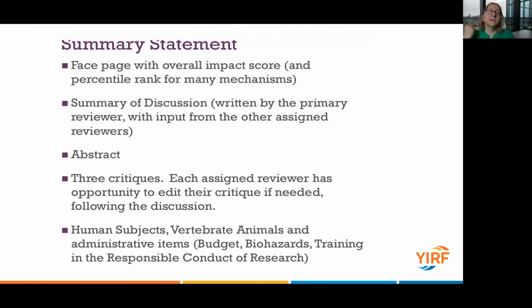And that will give you a sense of what really was discussed, not only written, but discussed. So I would read that very, very closely. It will also have your abstract that you wrote and the detailed three critiques with each of the criteria and the scores for each criterion. And they'll also comment on the other areas like human subjects and budget and so forth. So that's what you'll see.